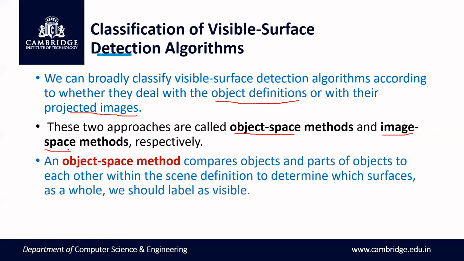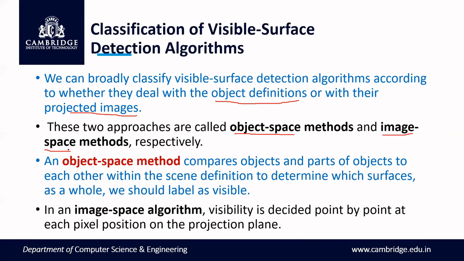An object space method compares objects and parts of objects to each other within the scene definition to determine which surfaces as a whole we should label as visible. In an image space algorithm, visibility is decided point by point at each pixel position on the projection plane.